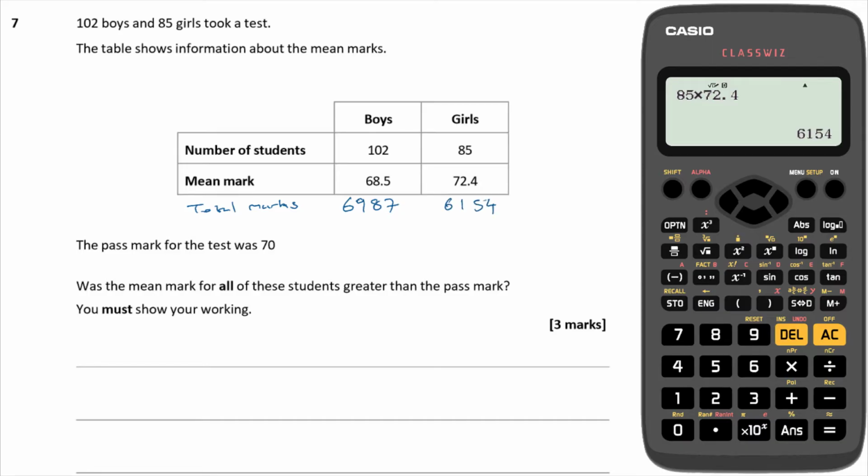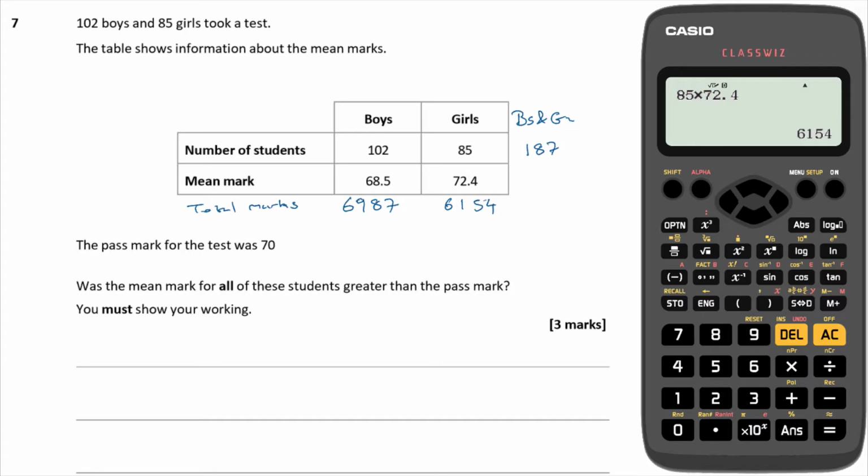Okay. And then I'm going to total this way as well. Total for boys and girls then. This is going to be my boys and girls column. Let's call it B's and G's. So how many B's and G's do we have? We have 102 plus 85. So we've got 187 B's and G's.